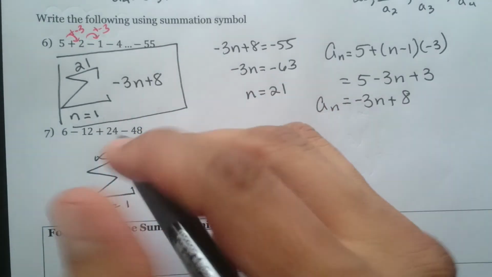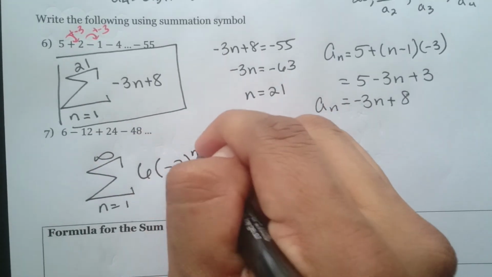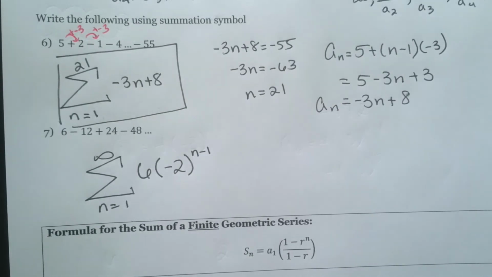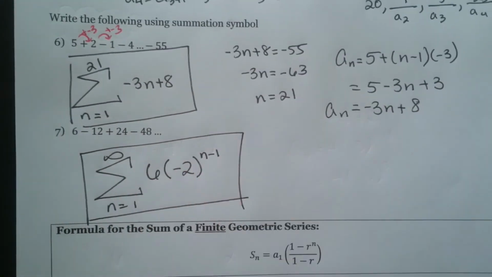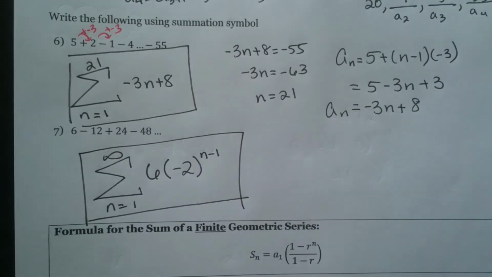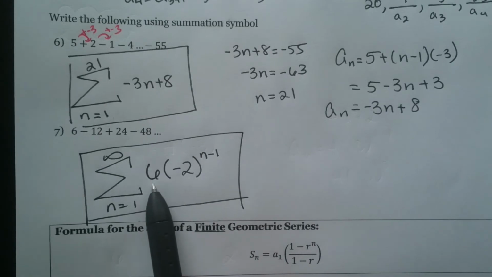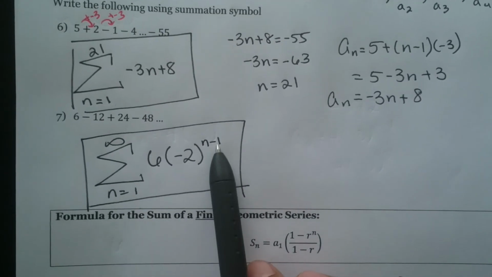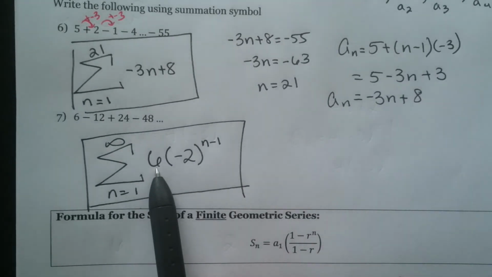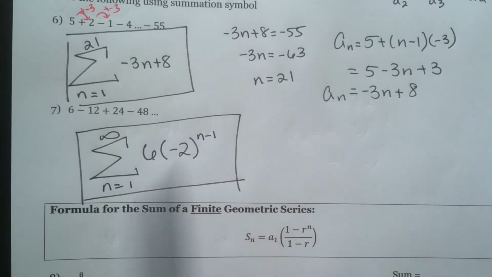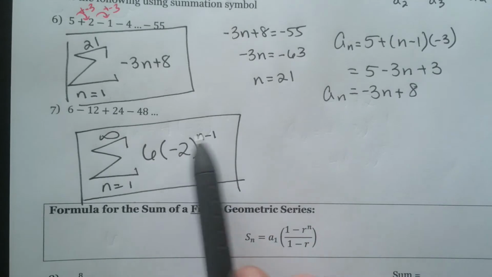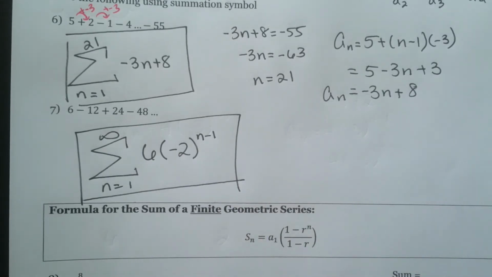What am I multiplying by? Well, negative 2 to the n minus 1. You cannot simplify that any further. So I try to give you this on a quiz, so make sure that you understand that when I'm doing this, I'm asking for those three things. The first term, the ratio, should be in parentheses, and the blank might not look like an exponent, but it's supposed to look like a superscript.